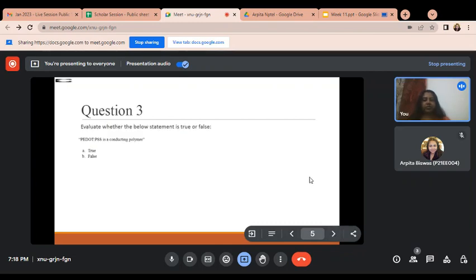Next we are moving towards question number 3. Evaluate whether the below statement is true or false. PEDOT:PSS is a conducting polymer. Is this statement true or false?